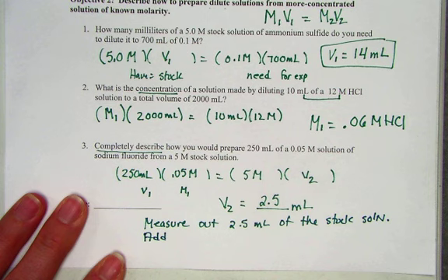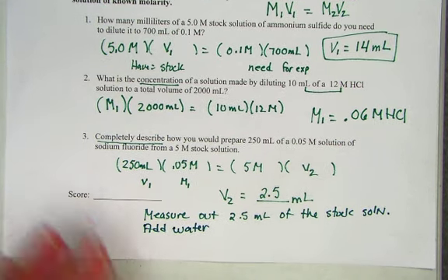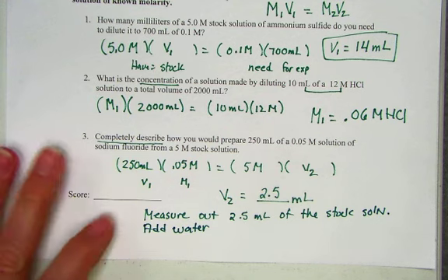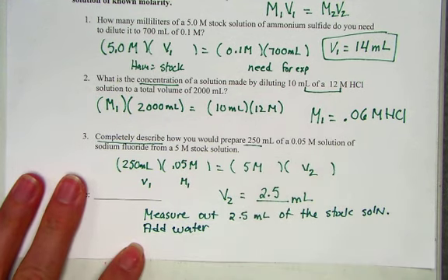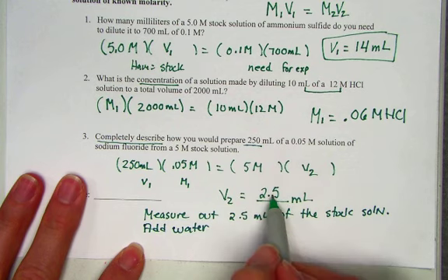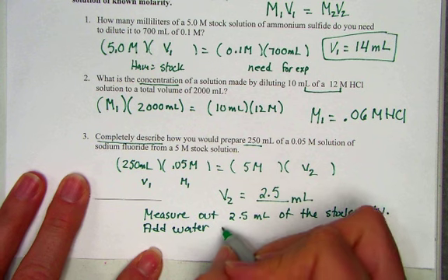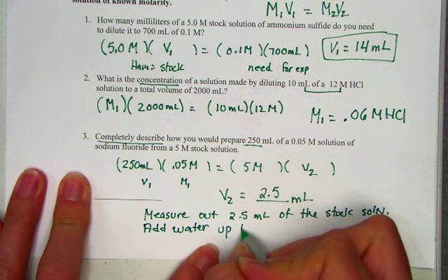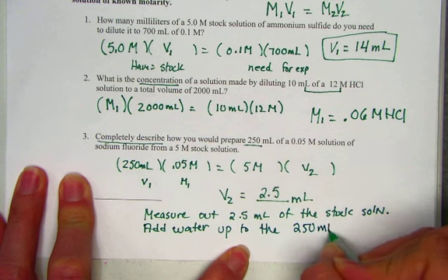To actually dilute the solution means to add water, and I'd like to know how much water, because that's an important part of the sentence. 250 mL is the target volume. We have 2.5 sitting in there already. Probably the easiest way to answer that is to just add water up to the 250 mL target volume.